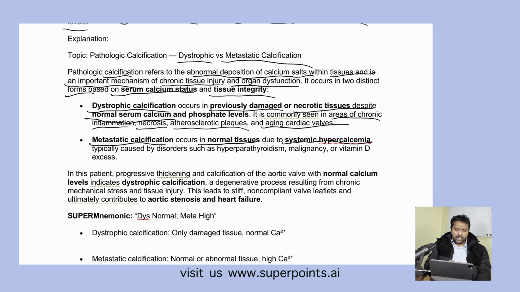Okay, typically caused by disorders such as hyperparathyroidism, malignancy. That can be like a paraneoplastic syndrome. When you have a malignancy, hypercalcemia, and then that is causing metastatic calcification, then it can be vitamin D excess.